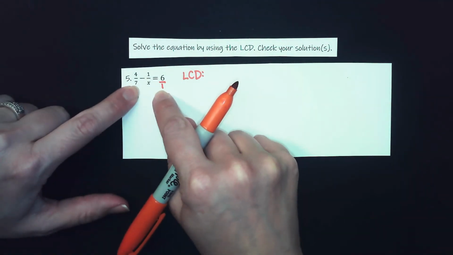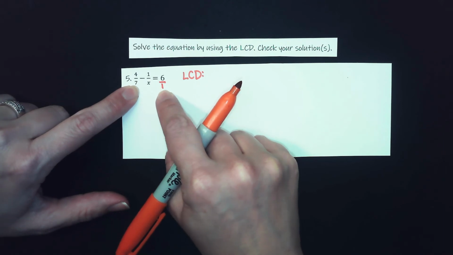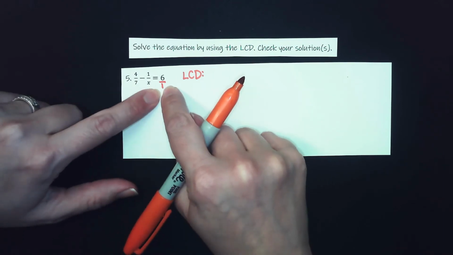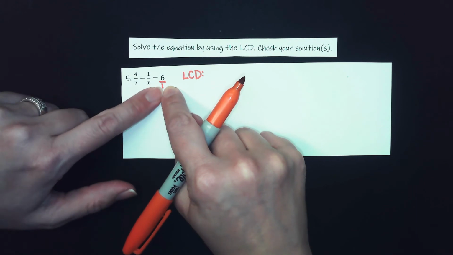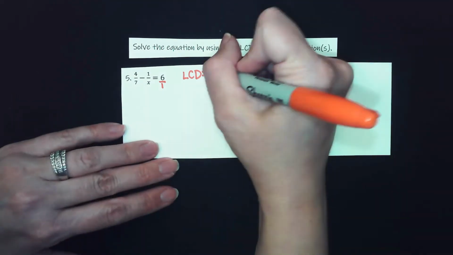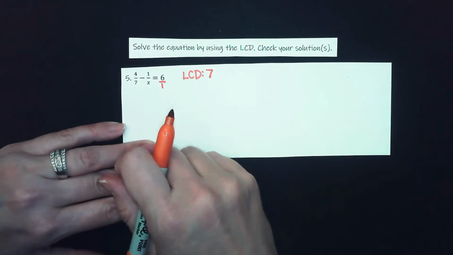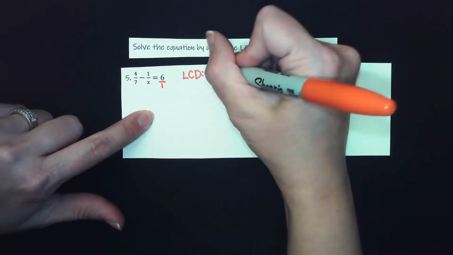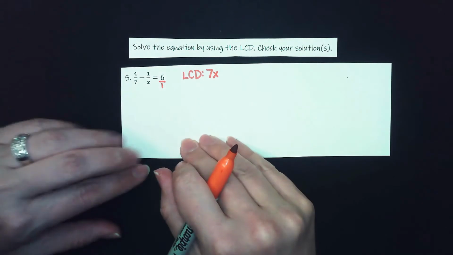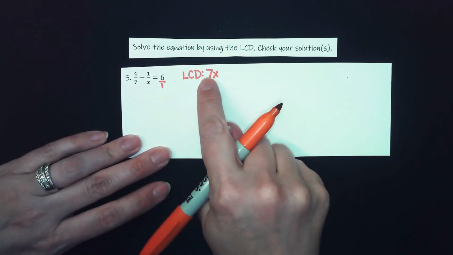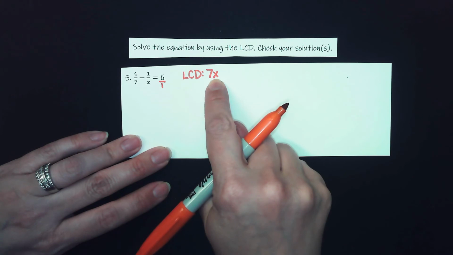I want to make sure both numbers can go into the same number. So 7 can go into 7, and 1 can also go into 7. But 7 can't go into 1, okay? Because it would give me a fraction, right? So I know 7 has to be in my least common denominator. And then the only variable I have is x, so it also has to be in my least common denominator. So my denominator needs to become 7x, okay?